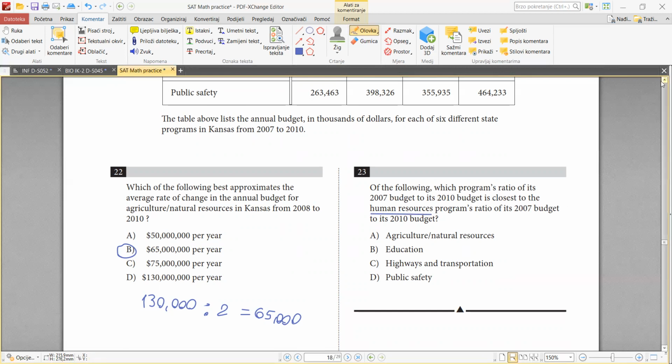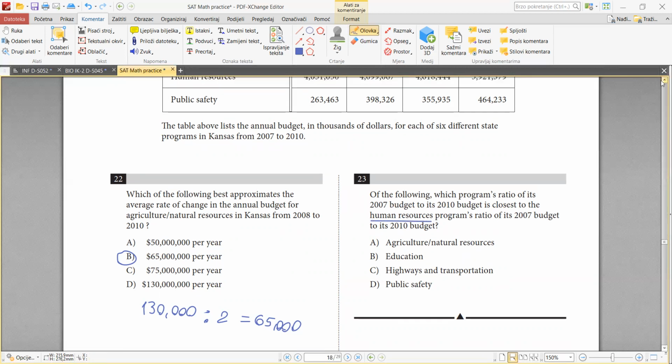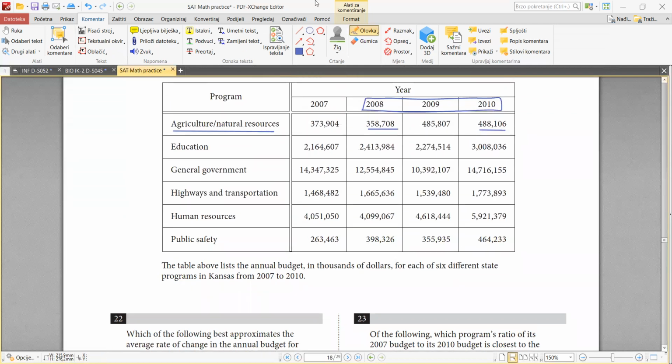So now we're analyzing human resources ratio. So the ratio is approximately 4 to 5.9.